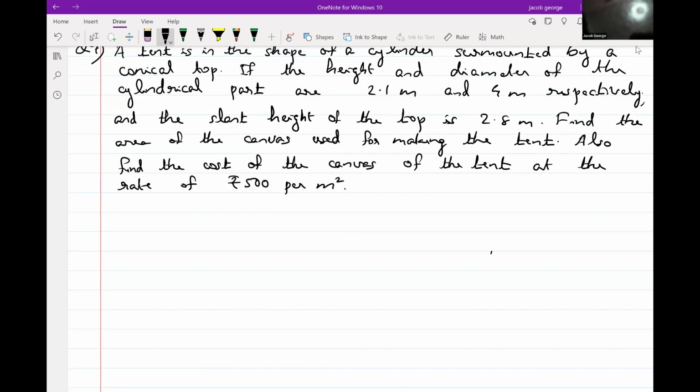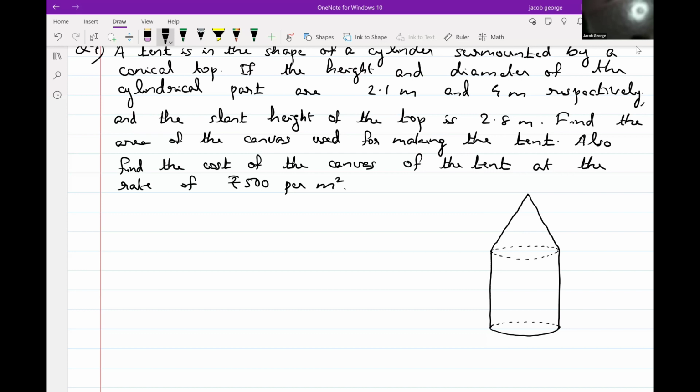Please draw a cylinder surmounted by a conical top, which means on top of the cylinder there is a cone. Is this diagram clear? Cylinder and cone are attached.